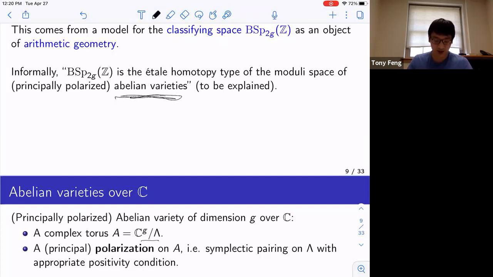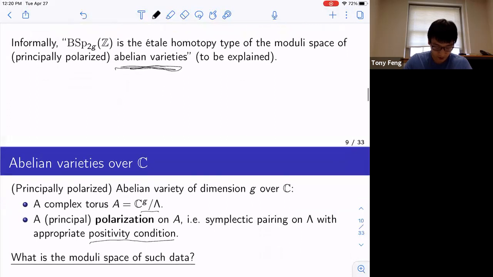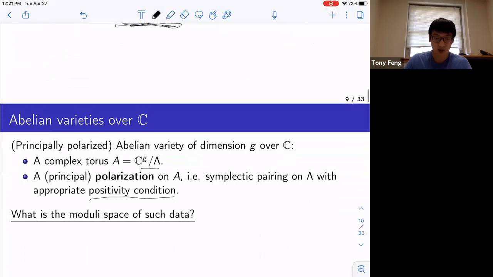Or you can think of it in terms of cohomology, as the Chern class of an ample line bundle, which gives A its algebraic structure. I'll explain what this means a little later when I want to make that precise. So what we want to do is contemplate the moduli space of such abelian varieties over the complex numbers and try to figure out what it looks like.